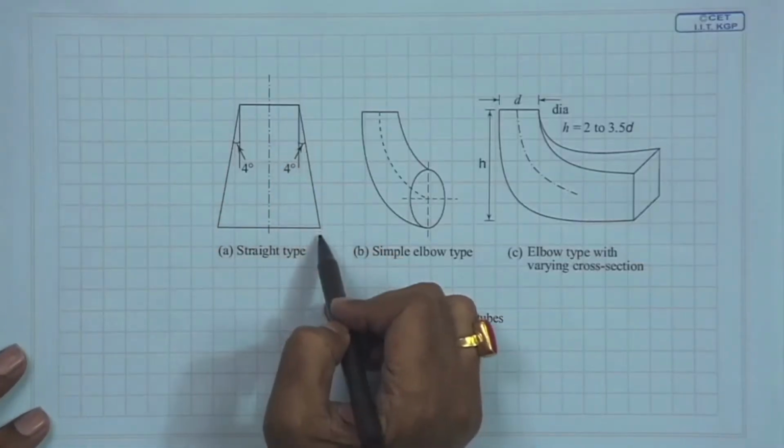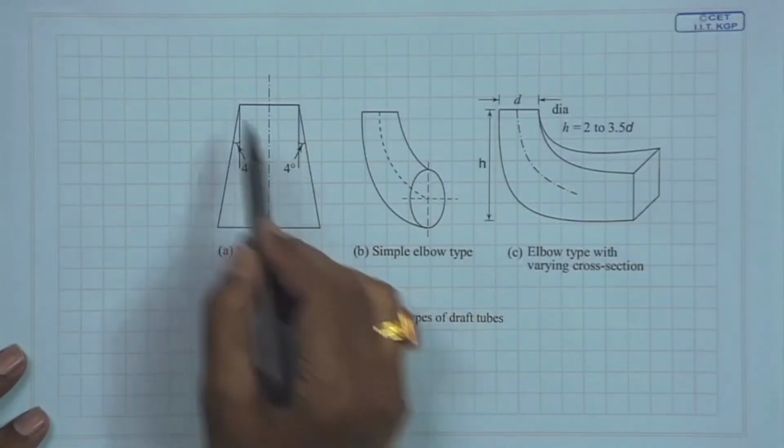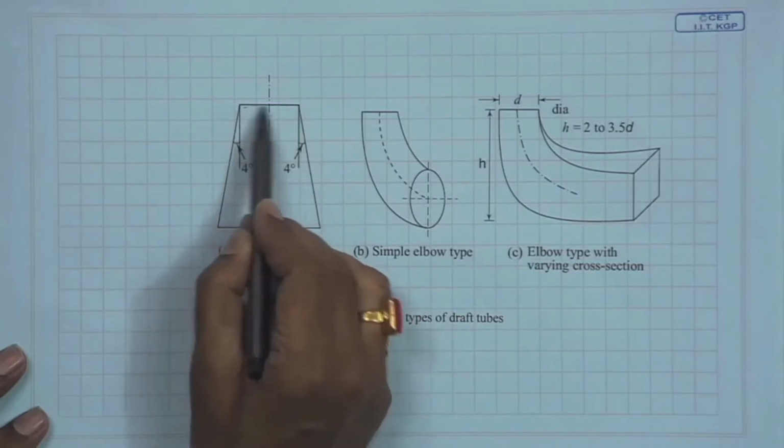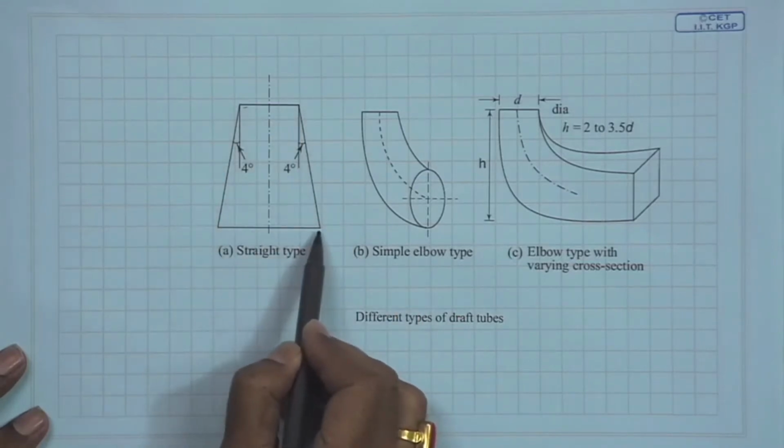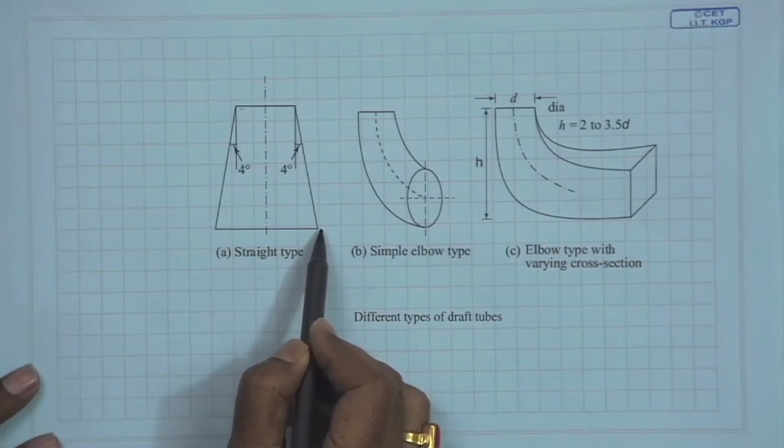Now, with this background, let us understand certain terminologies of the draft tube. These are the draft tubes used in practice. One is the straight type draft tube, a straight divergent section. Inlet is this, the outlet of the runner, and this is the outlet of the draft tube, which is just below the tail race level.